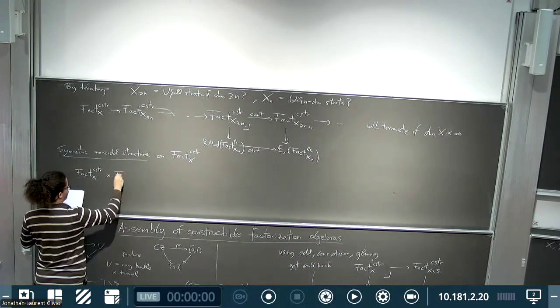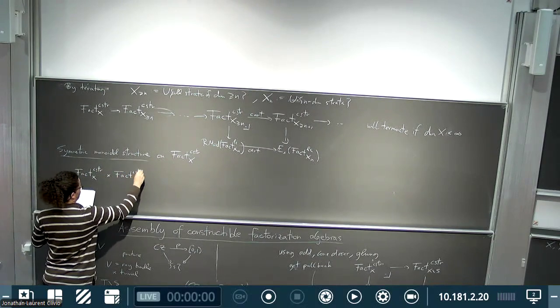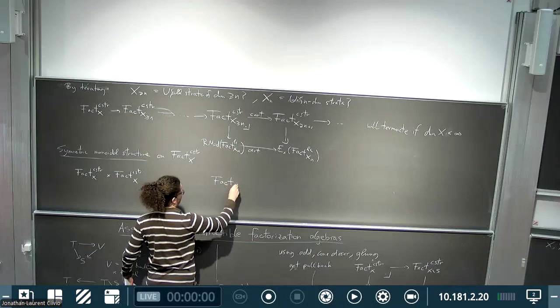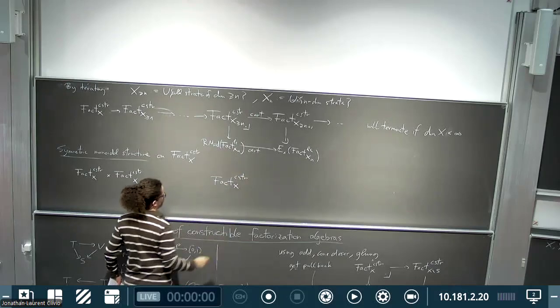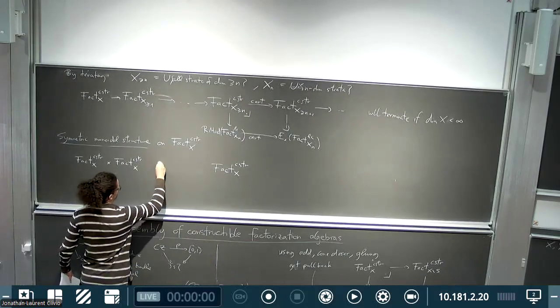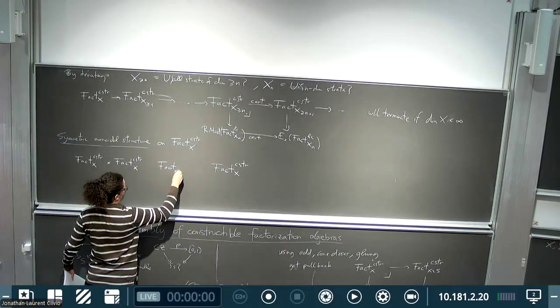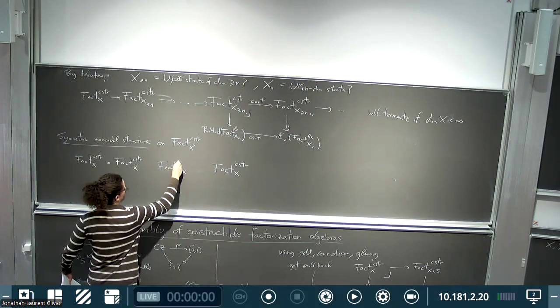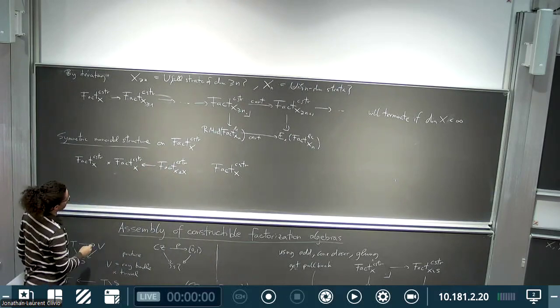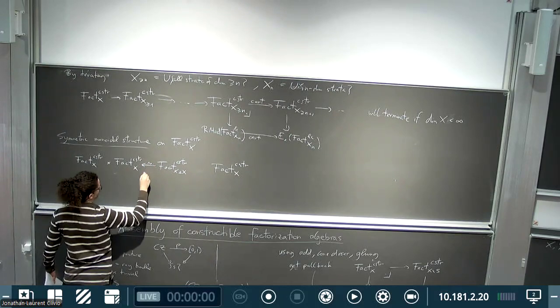And you can just get it as follows. Let's say we want to define the tensor product map to here. Then what you can do is look at the category of factorization algebras on X disjoint union X. And then you have the two restriction maps, and by the gluing, this will be an equivalence.